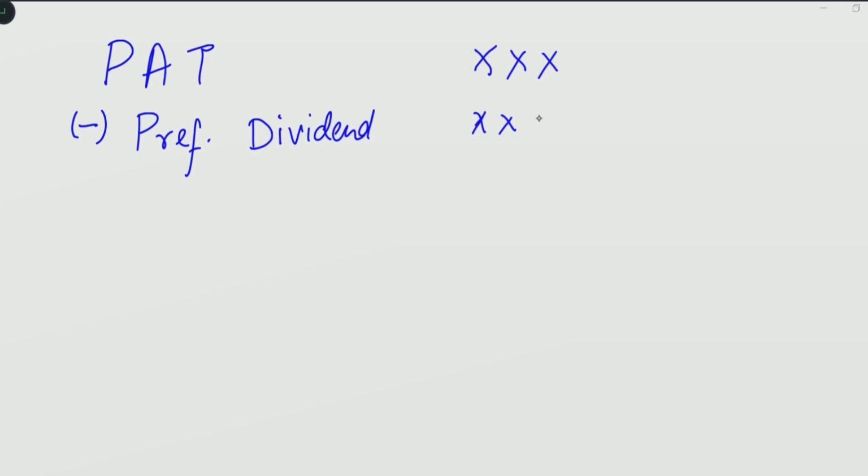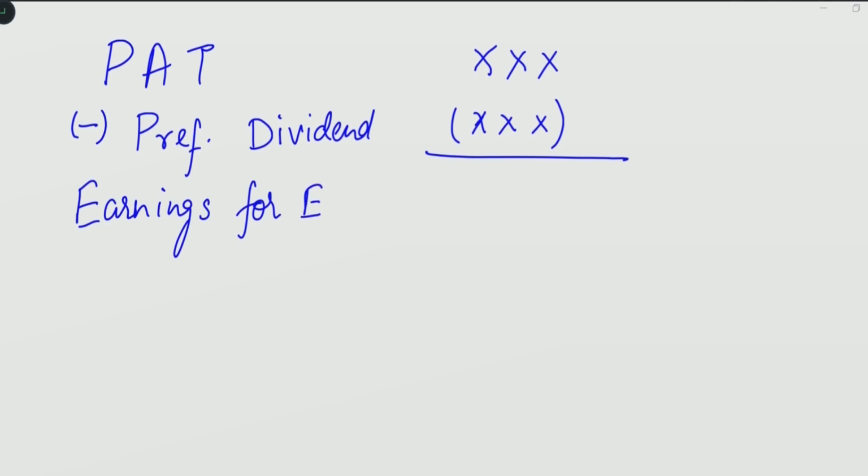When I subtract this, what I will get is earnings for equity. This is earnings for equity. That means earnings available to equity shareholders or common stockholders, correct?